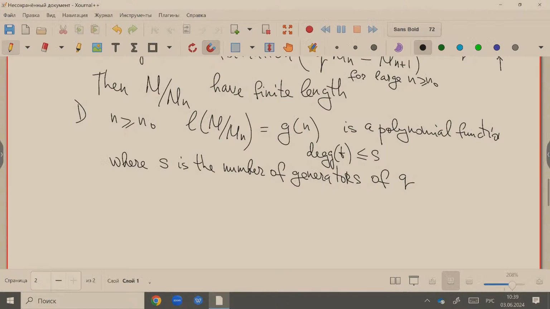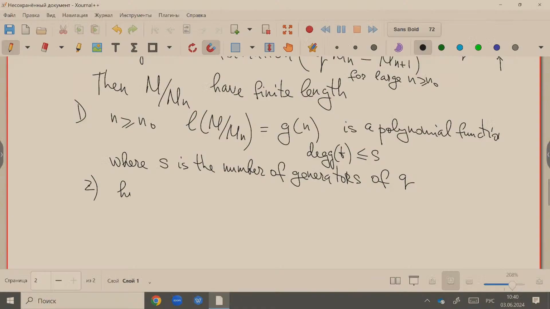Of Q, because this filtration really depends on Q. And then there is something to say about the highest coefficient, which can be called the degree of the ring.